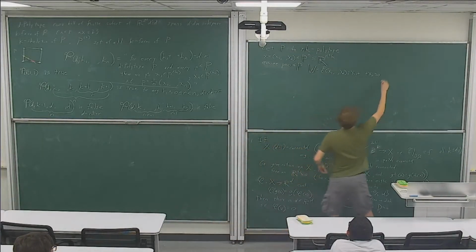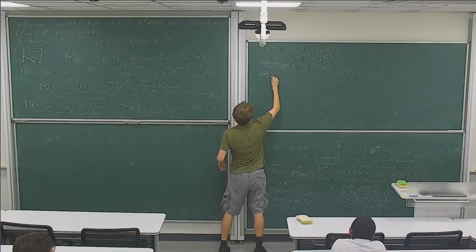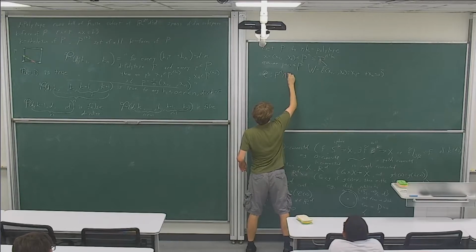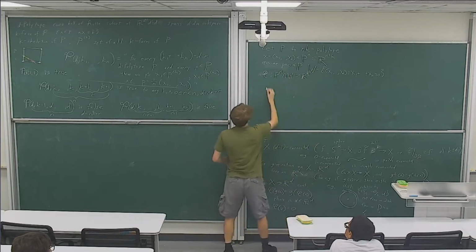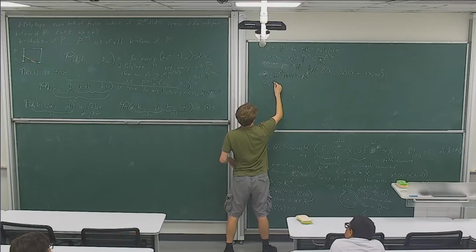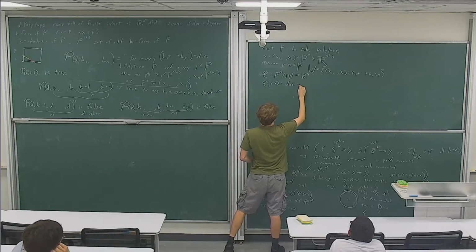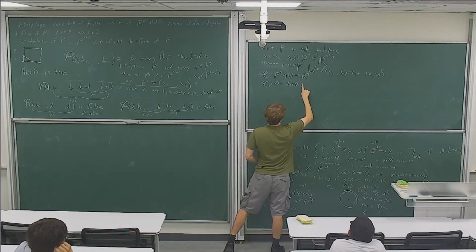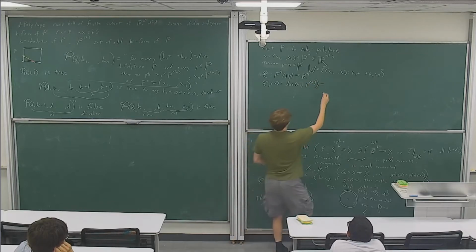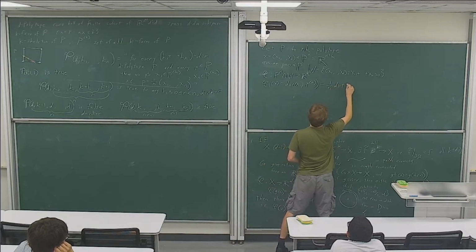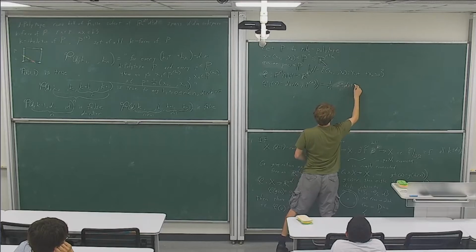And then I'll define phi from P^n intersected with W to R^n by phi_i of x, this will be the distance of the point xi from the k-skeleton minus the average distance, let's say over j.